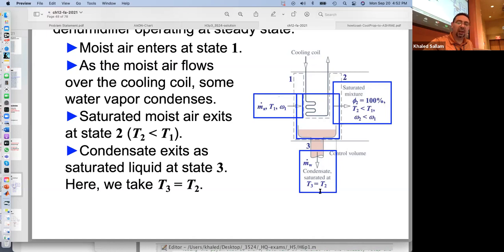The water coming down, this T3, is there any chance it will have a different temperature than T2? Free quiz if you tell me yes, but you explain why. Also for online people, you can answer and get a free quiz, so you don't have to solve the quiz today.